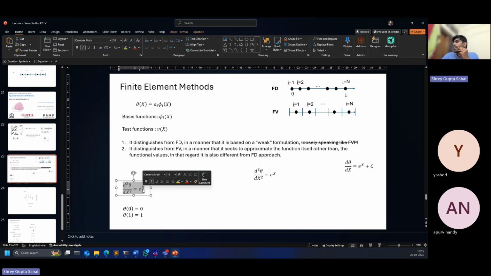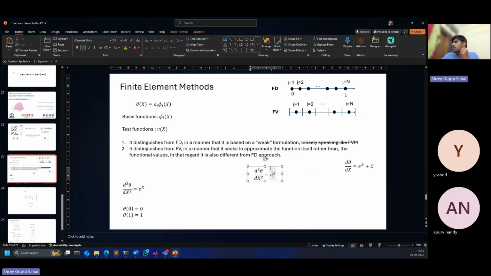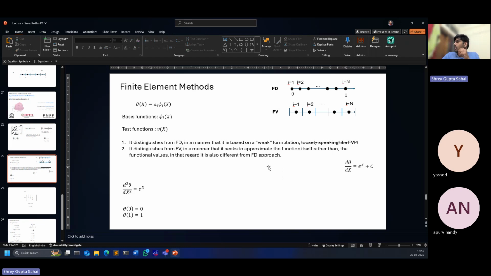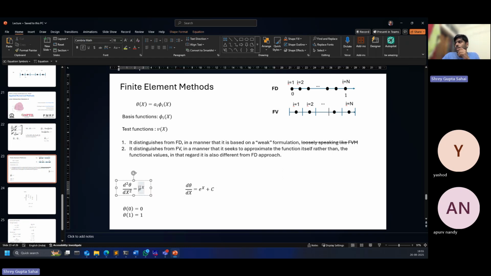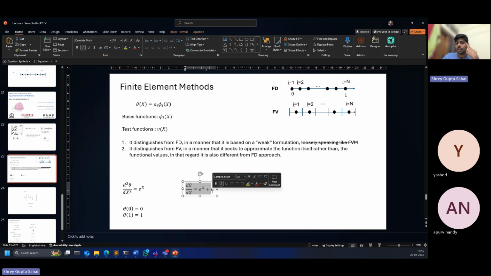So what do I mean by that? You tell me that the original differential equation has a differentiability requirement, isn't it? What is the differentiability requirement? That it should be double differentiable, right? But if we try to solve this equation, does our candidate function have to be double differentiable?